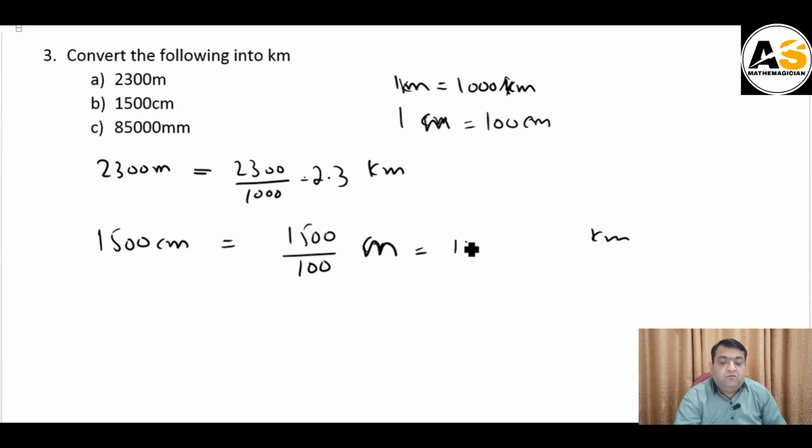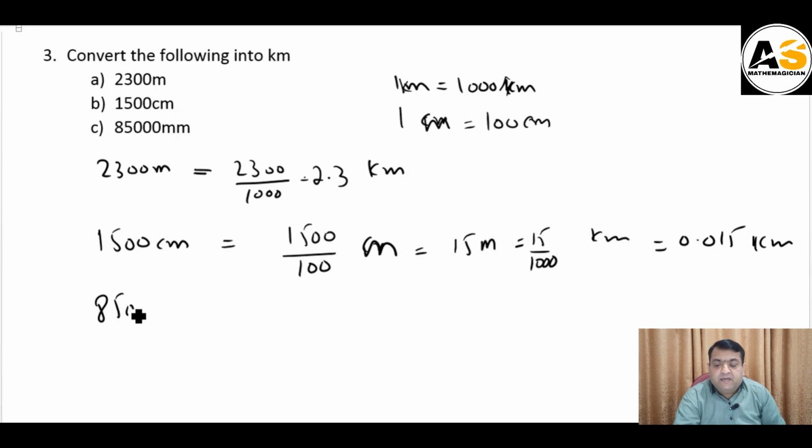It will be 15 meters. And now I have to convert meter into kilometer, a larger unit. So I will divide by 1000. So we will get our answer in kilometers. I hope this is clear.